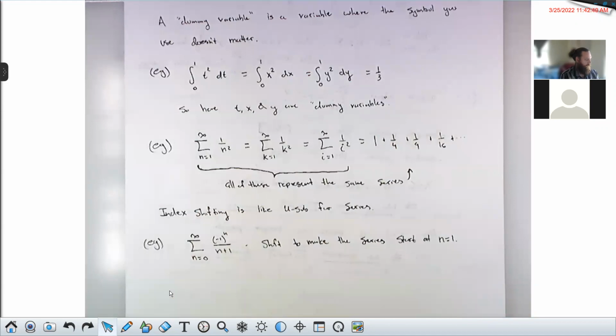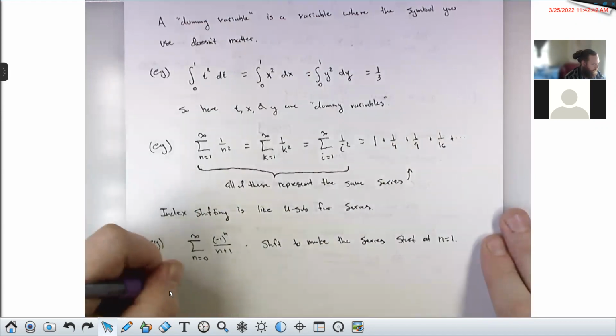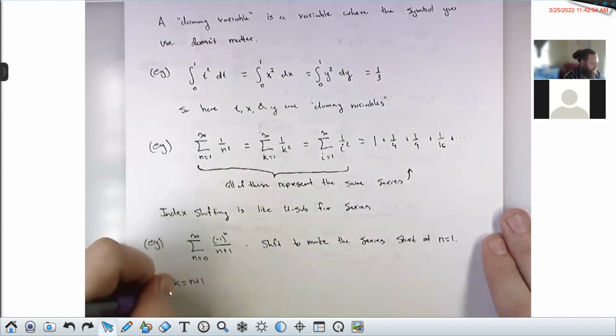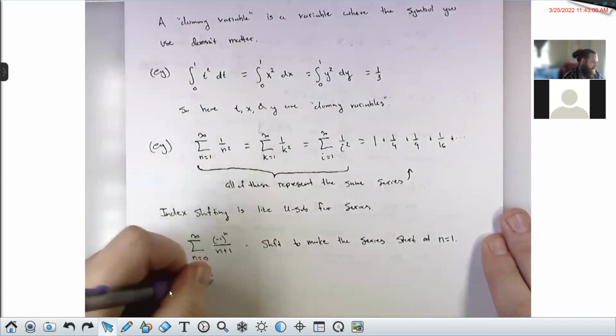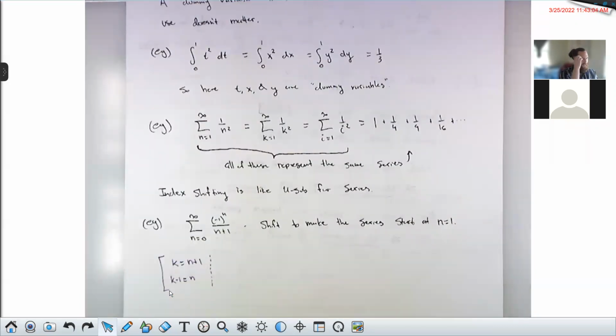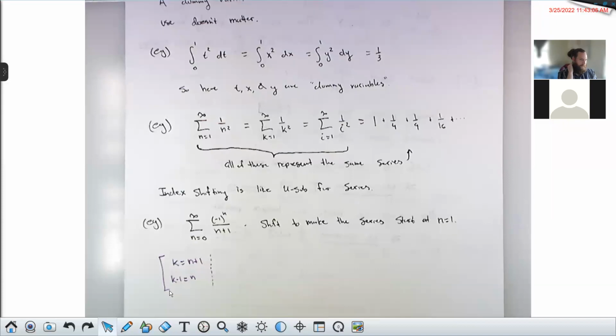So here's how I would do this. I would let k be equal to n plus 1. This is my like u-sub. This means if you subtract 1 from both sides, k minus 1 would be equal to n. So there's no differential dk or anything you need to calculate here, because k is a whole number.